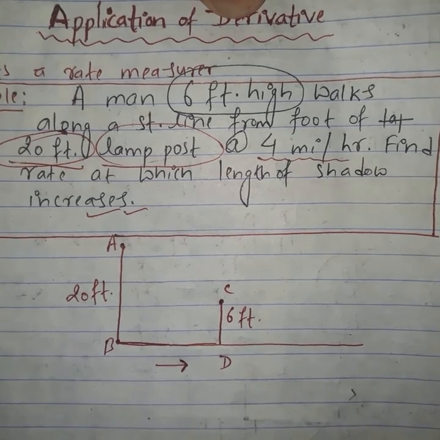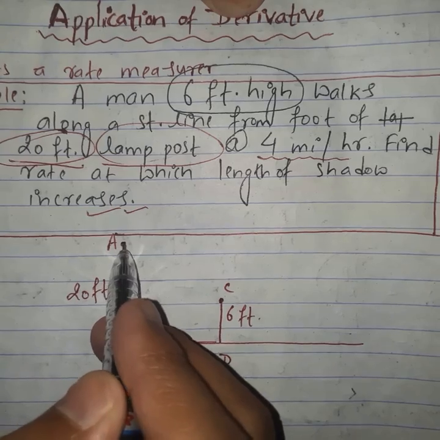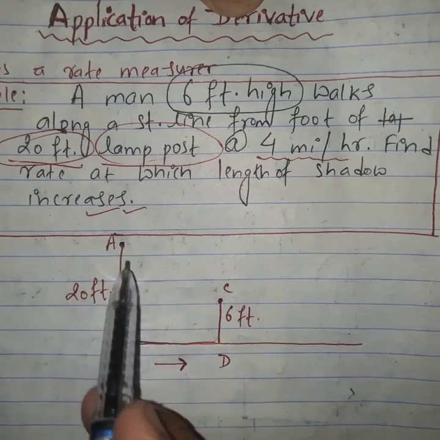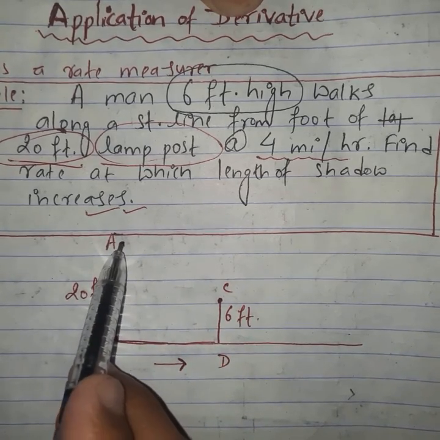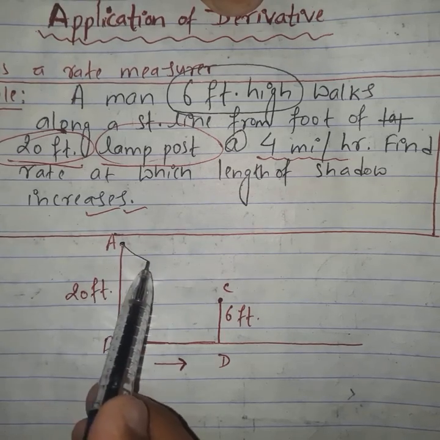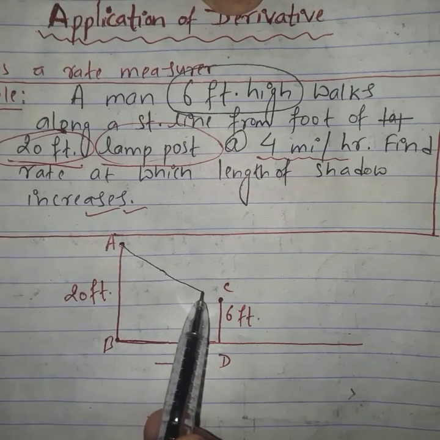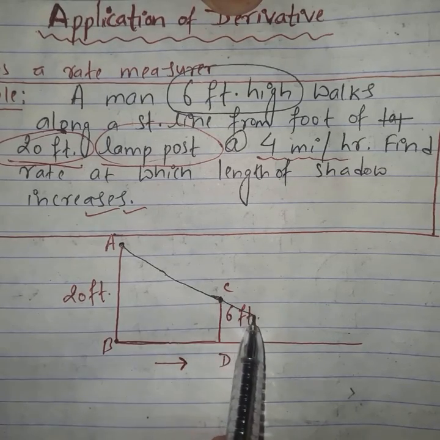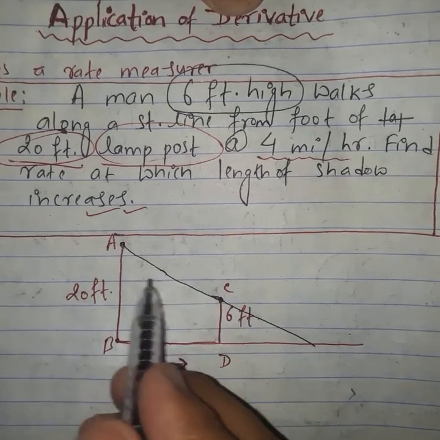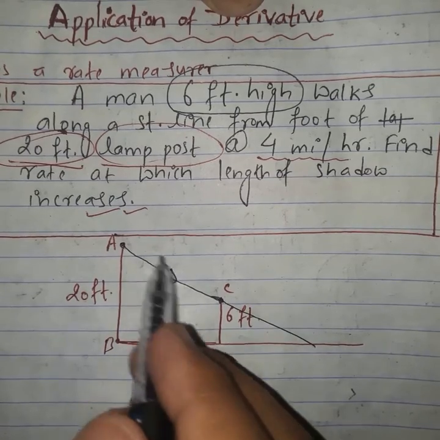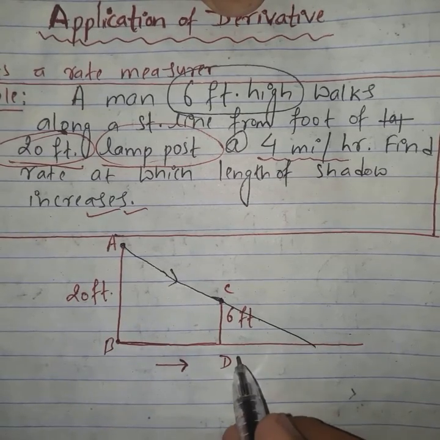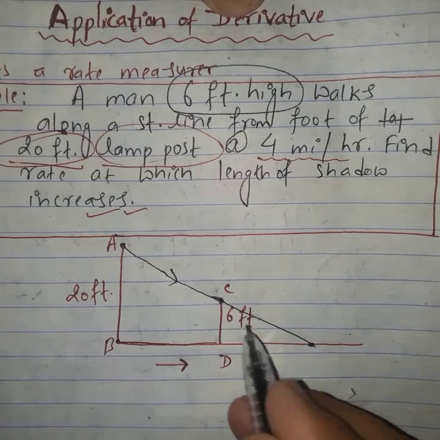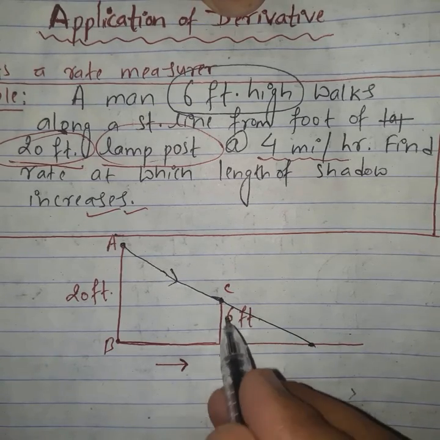Let's make the shadow. Let's join this side. A ray of the light from the lamp post is incident on the head of the man, and a shadow will form here. This is the ray of the light. It moves in a straight path, and the man is CD.